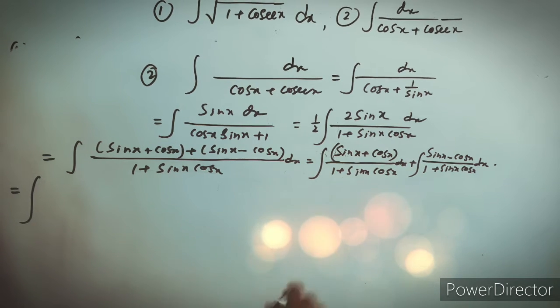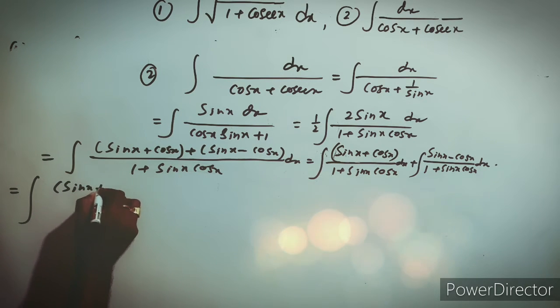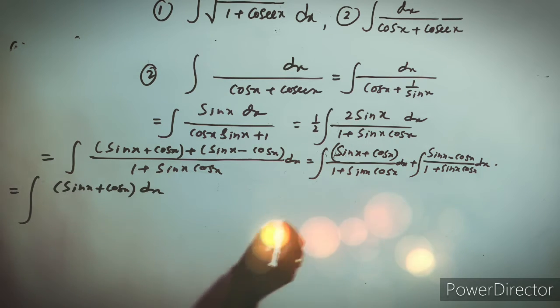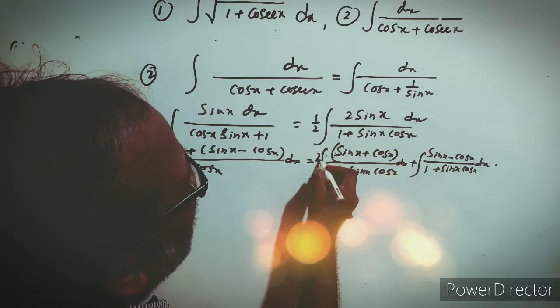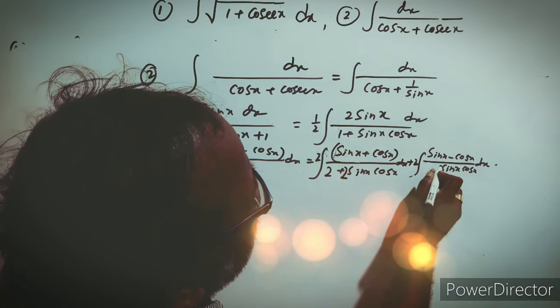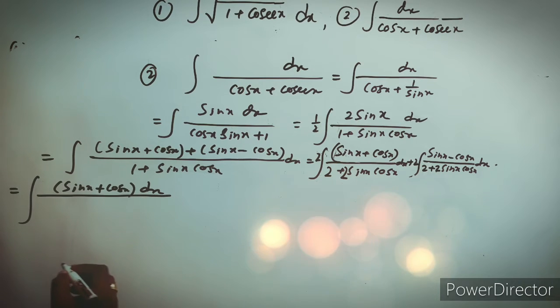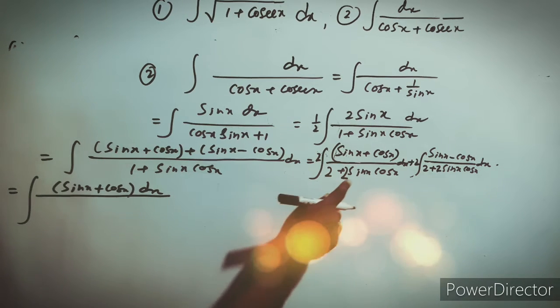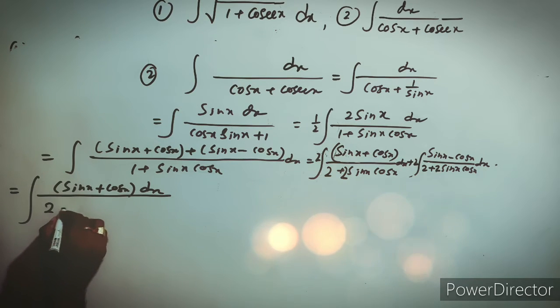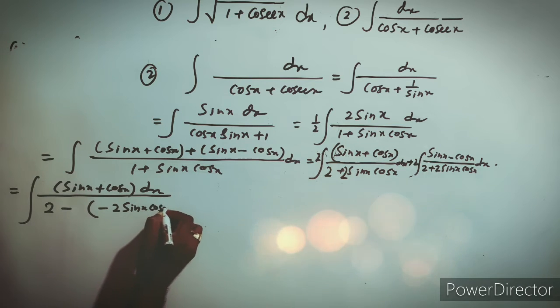This is the derivative of sin x plus cos x dx. We want to express the numerator in place of sin x and cos x as sin x minus cos x. So this is sin x plus cos x, and if we multiply by 2 here, it is 2 plus 2, and 2 minus 2 sin x and cos x.